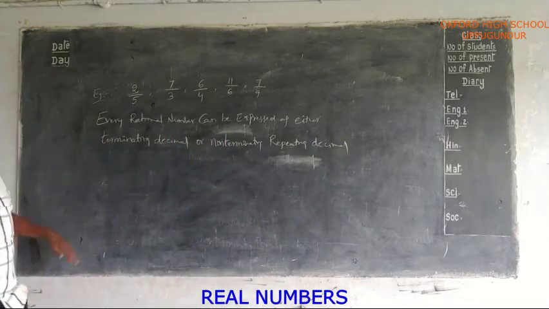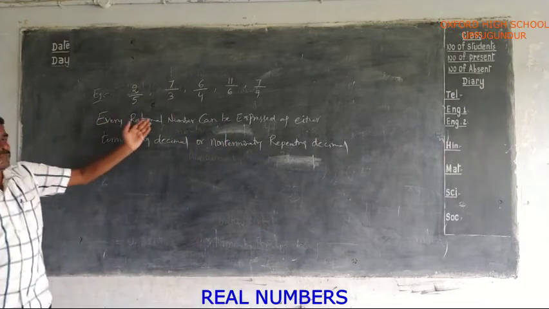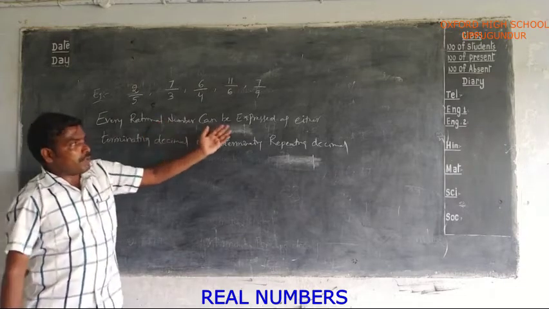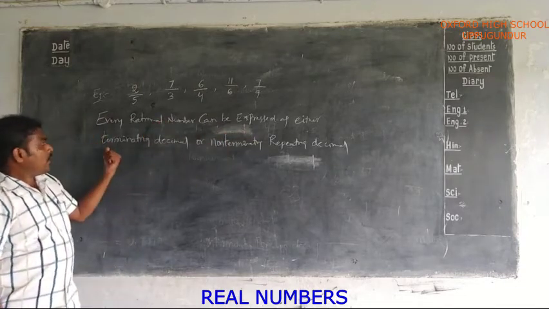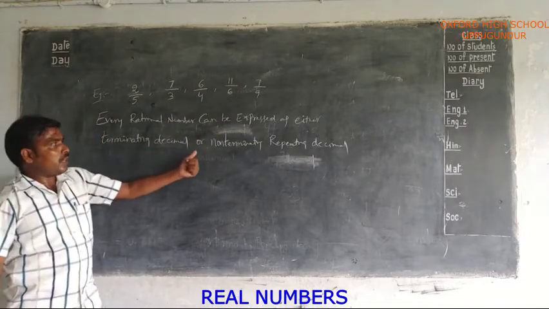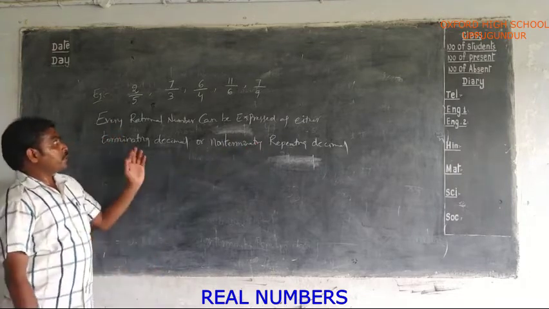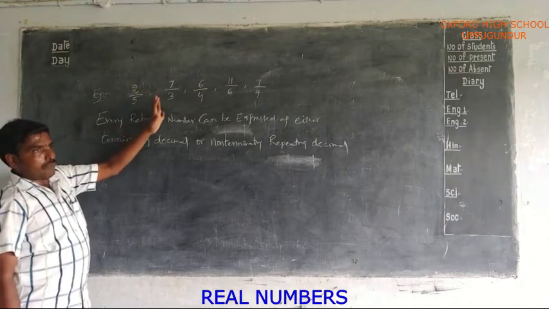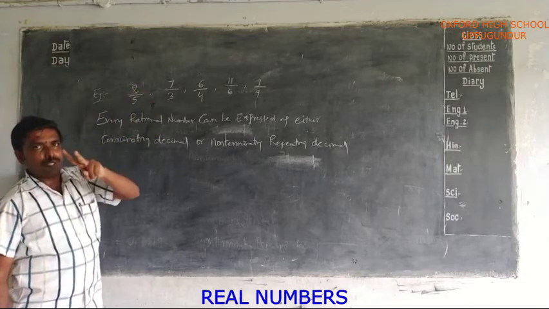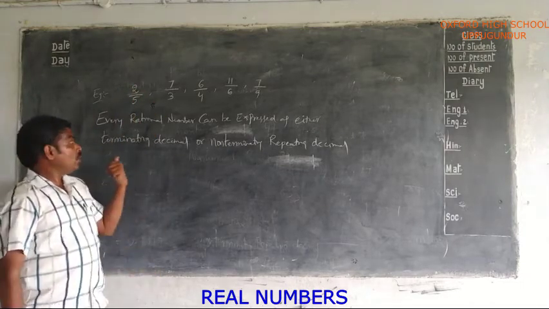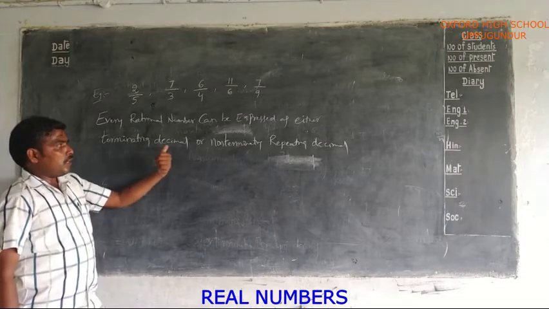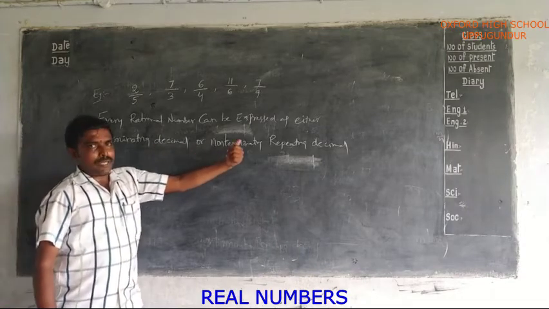So when you want to express any rational number in decimal form, that decimal form will be either a terminating decimal or a non-terminating repeating decimal. You will have only 2 types of decimals. What are those 2? One is terminating decimal, the second one is non-terminating repeating decimal.